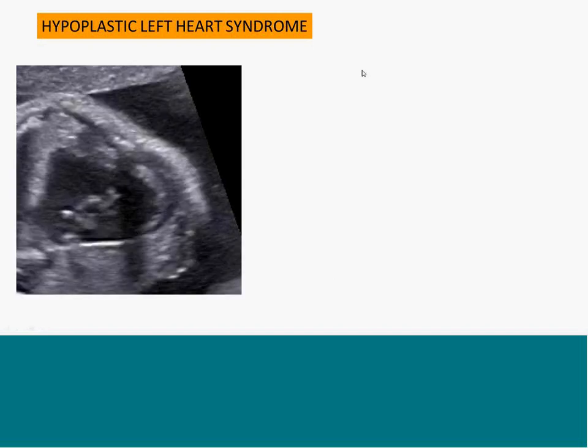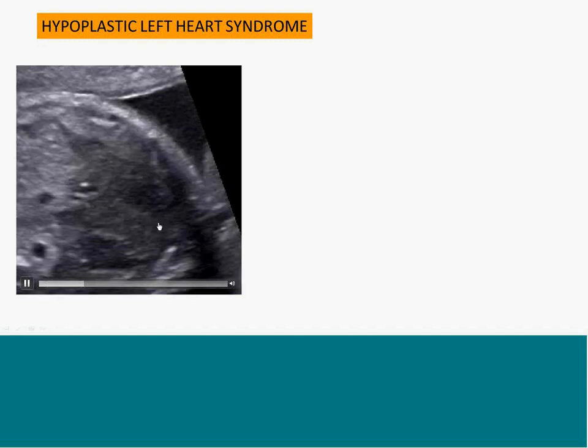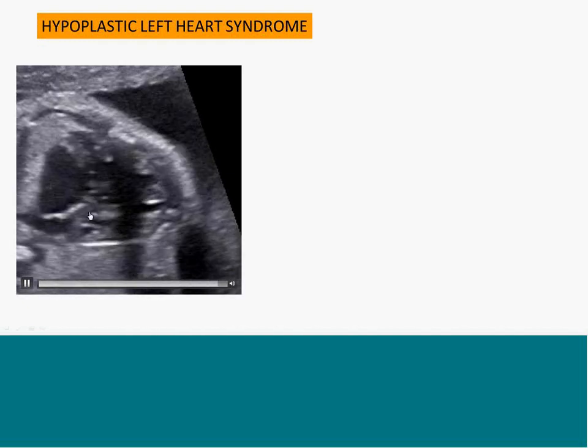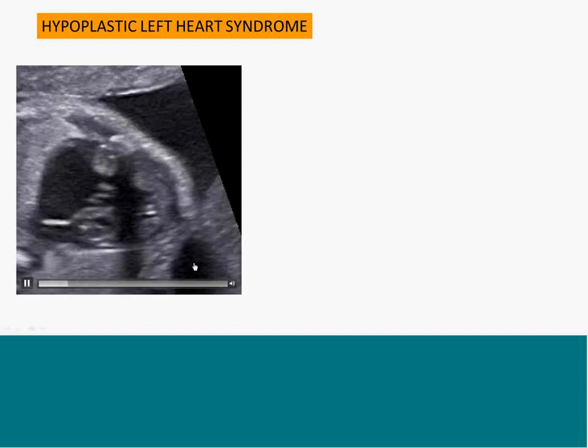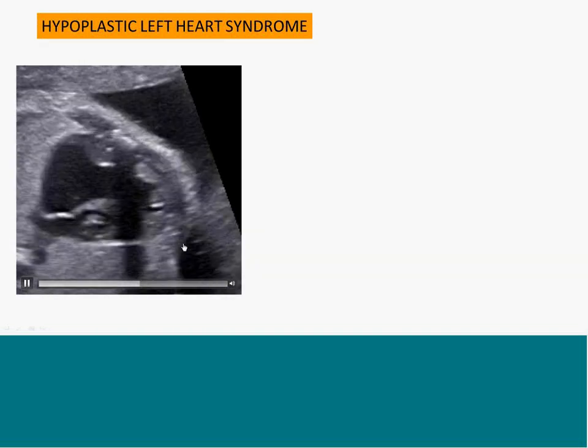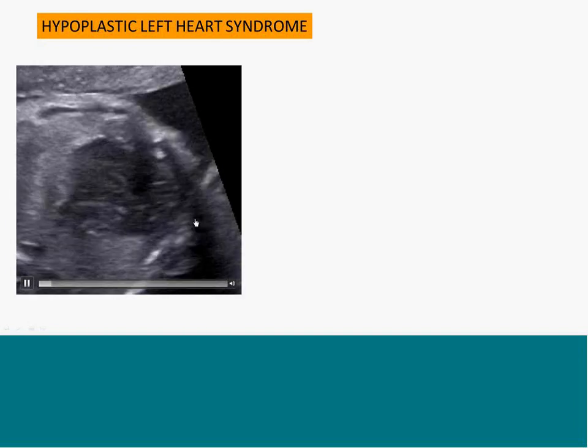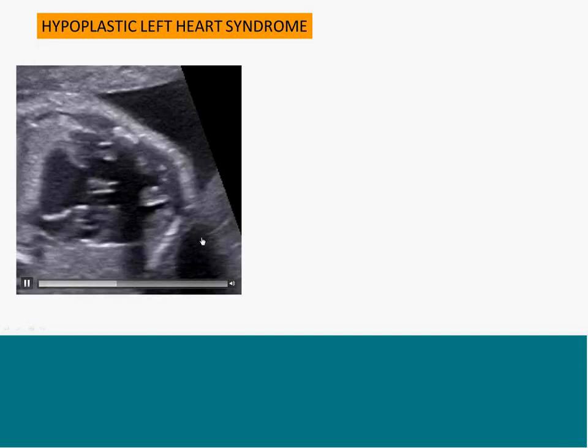Coming to this, also a very common entity which gets diagnosed in fetal life, where you have the left ventricle which is clearly hypoplastic. This is hypoplastic left heart syndrome. So you have the left ventricle which is so small, it's difficult to miss this during pregnancy.